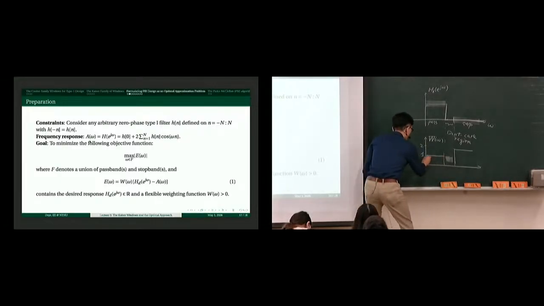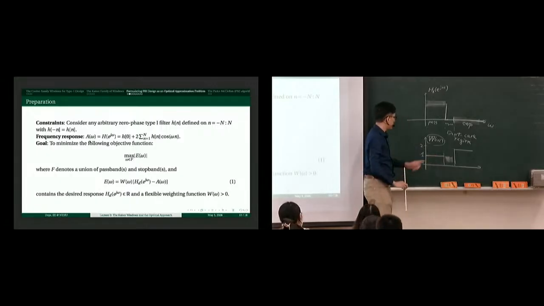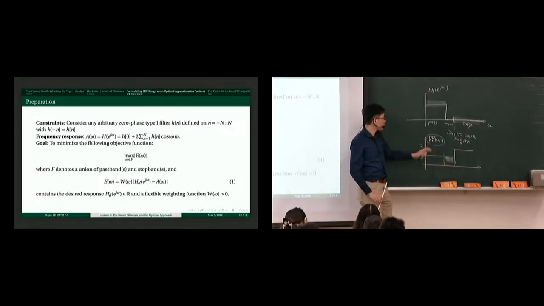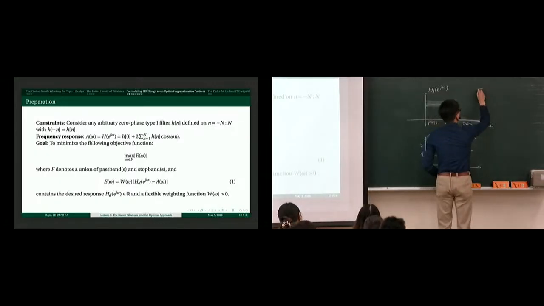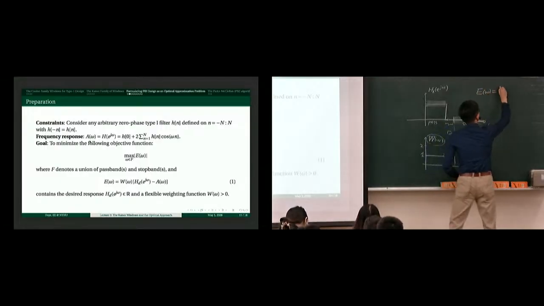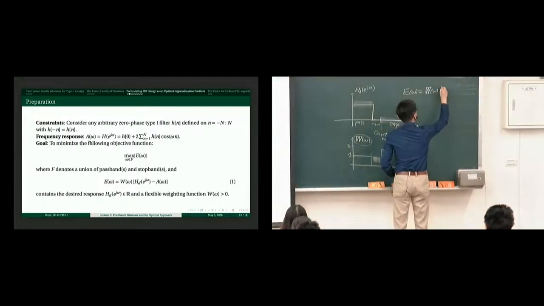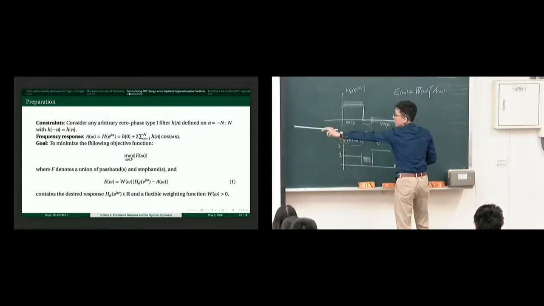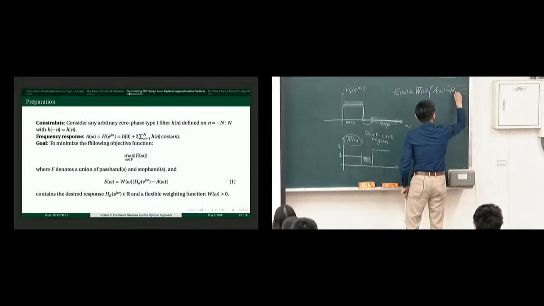We specify a weight of 1, or the weight may not even be constant, but I'm just giving you an example when W is piecewise constant: 1 for pass band, 2 for stop band. There's a weighting function, and our error is defined as the weighting function times the difference between our design on the left, subtract ideal response.